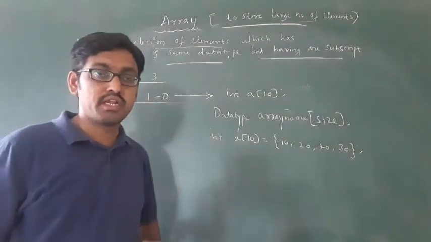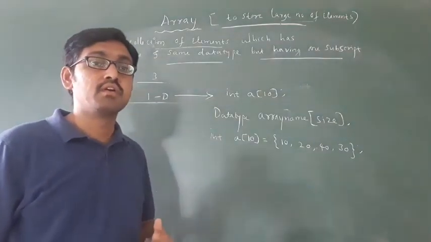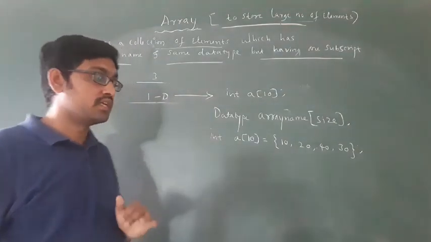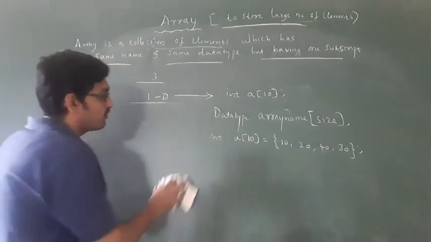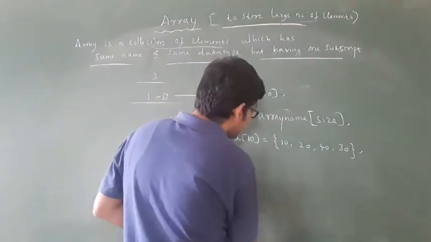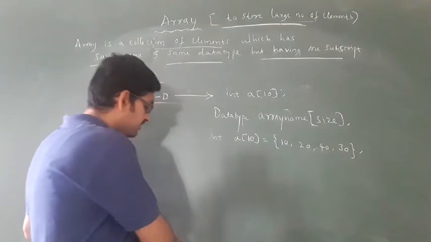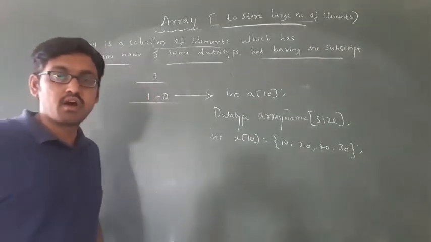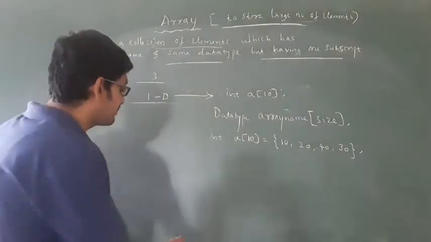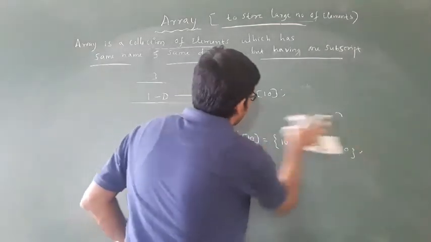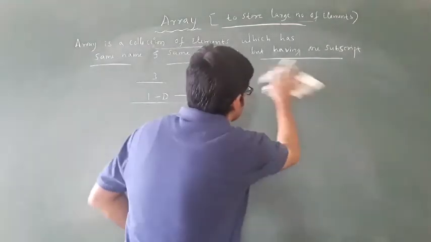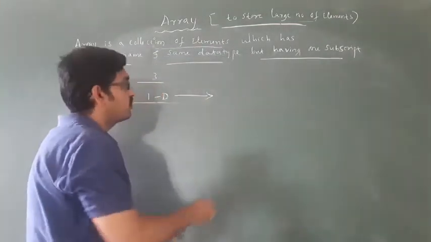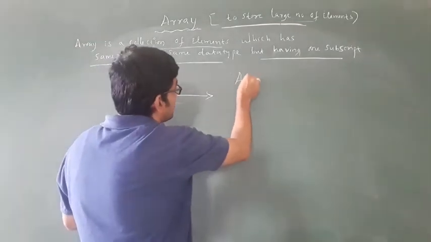Okay, now next we have how to write a program by using array. Just I will teach you. Okay, now go for how to access an array. How to access an array? This is asked so many times in examination.